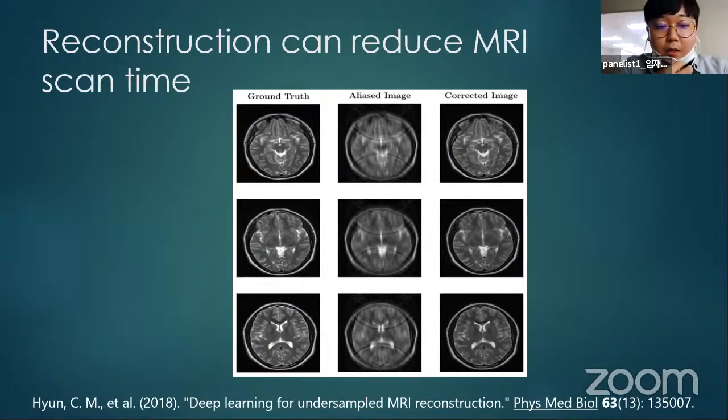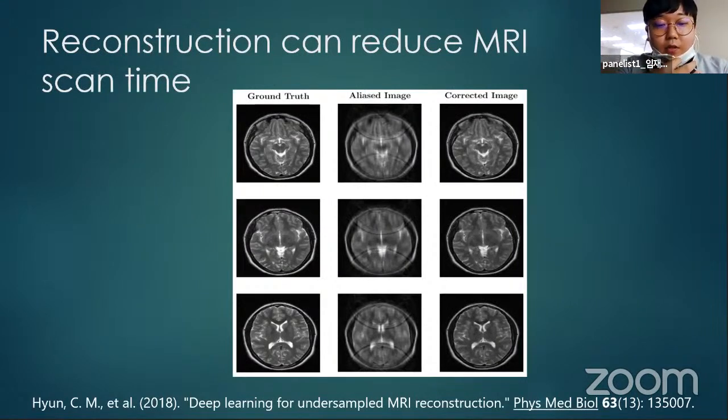Sometimes a long MRI scan time can increase motion artifacts from patient movement. The scan time of MRI is closely related to the phase encoding process in k-space, and it is very hard to have the patient not move for such a long time. So researchers proposed undersampling the k-space data and reconstructing the whole MRI image with deep learning.